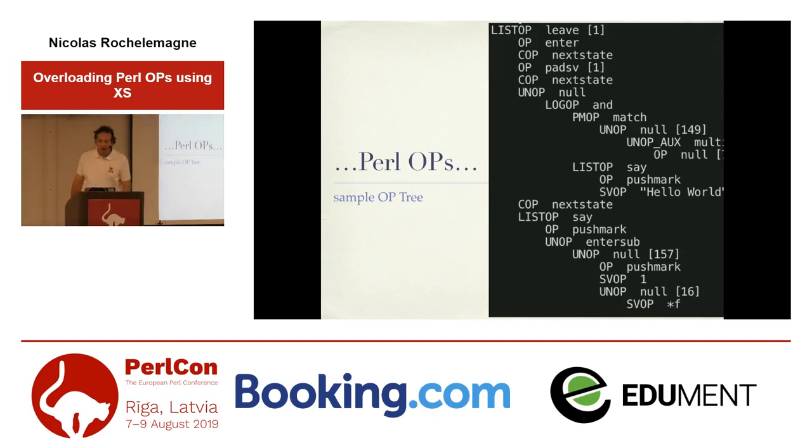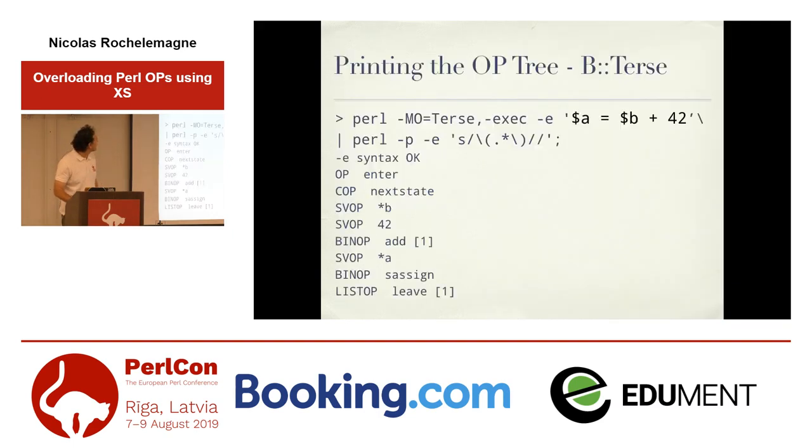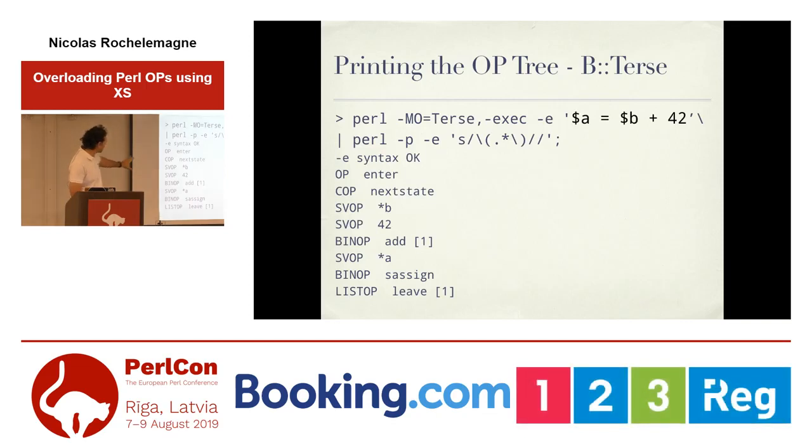Let's have a look at how we can check a simple program and make that tree flatter using the -exec argument. Without using it, you will see the tree. If you use -exec, you see the order. Every line is executed in that order. If we pick the simplest example, where we assign to $a the value of $b plus 42, and I just add a Perl one-liner after to clean up and remove some cruft on the left to make it clearer.